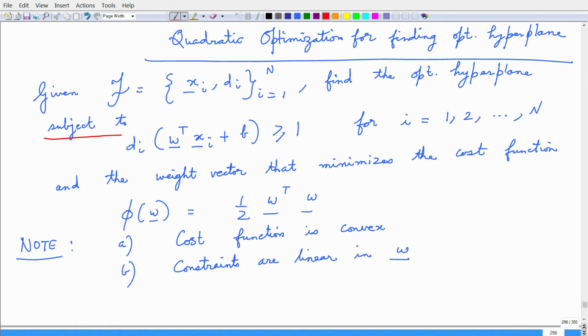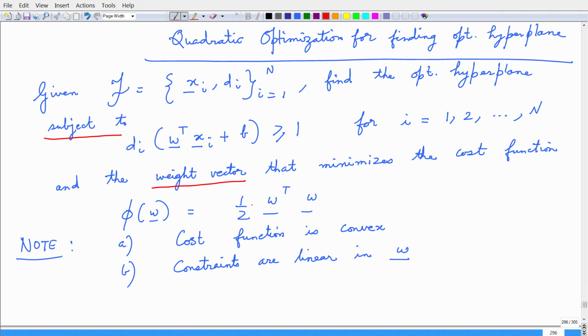And we need to choose a weight vector W that minimizes the cost phi of W, which is 1/2 W transpose W. You can clearly see why I have this half: when I take the derivative, the 2 cancels out, particularly when I have a quadratic cost.